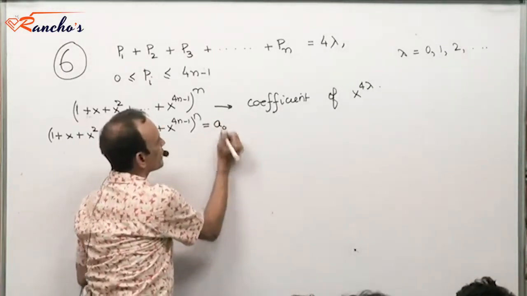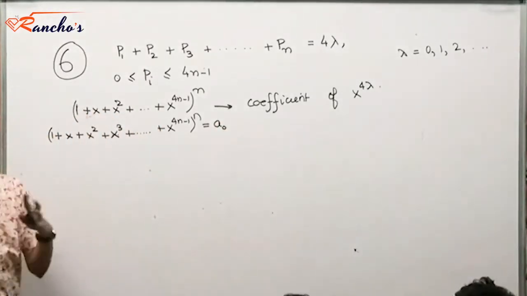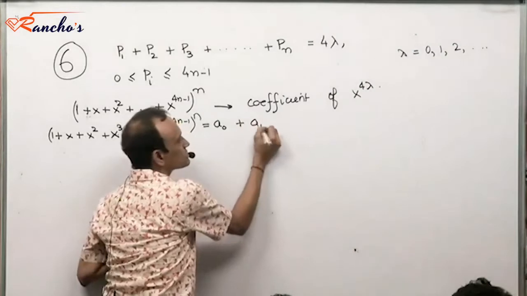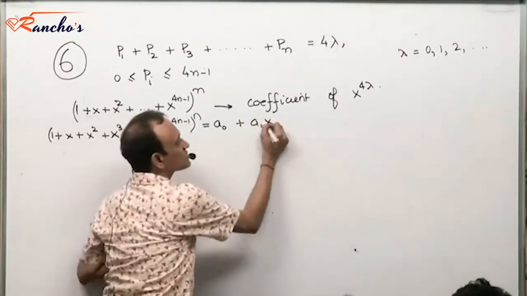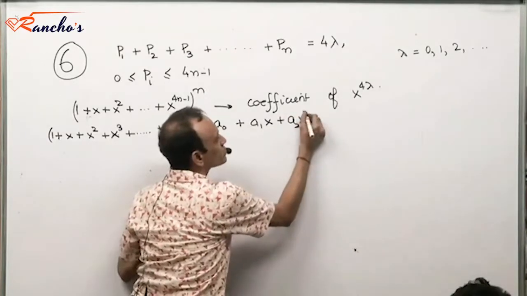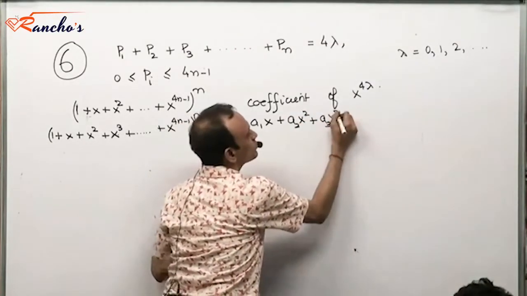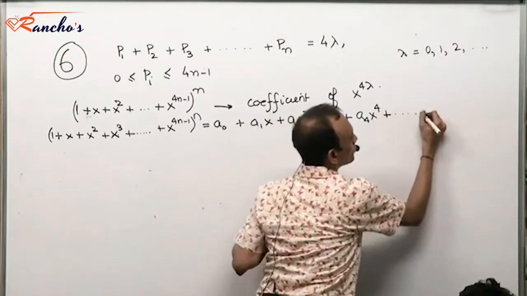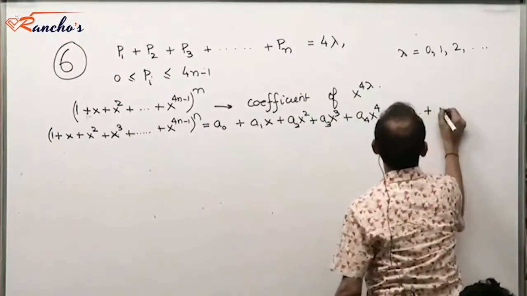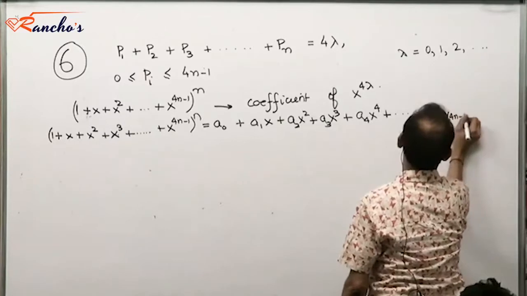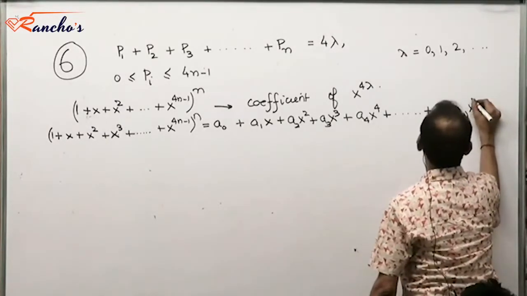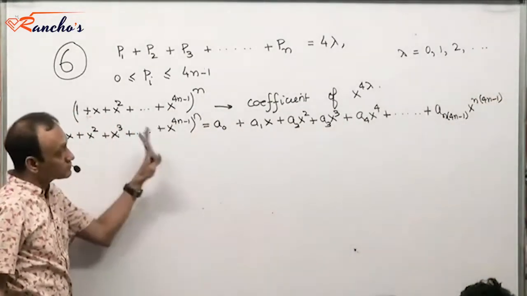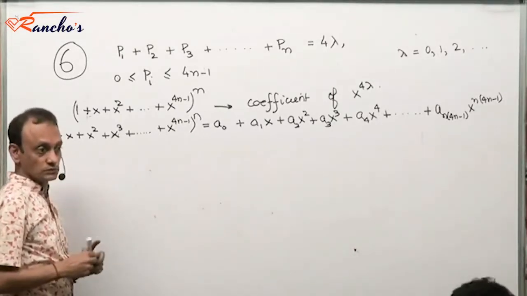Eventually the terms would be like a0, which would be the coefficient of x power 0 in this expansion, then a1, which is the coefficient of x power 1, then a2, the coefficient of x squared, a3, the coefficient of x cubed, a4, and so on up to a n into 4n minus 1, which is the coefficient of x power n into 4n minus 1. The highest power of x would be this into this. That's the highest, right? Yes or no?